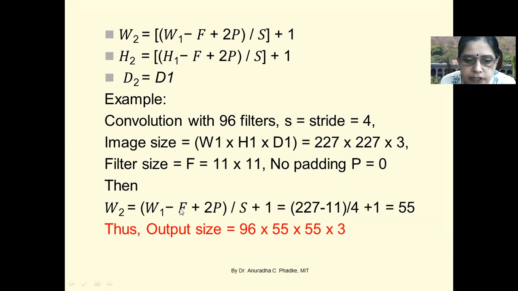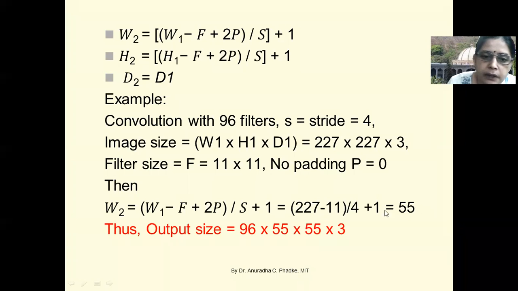In this equation, W1 is 227, the filter size is 11, so it is 227 minus 11. The stride is 4, so it is divided by 4. As P is 0, the third term is 0. So we get (227 minus 11 plus 0) whole divided by 4, plus 1, which results in 55.